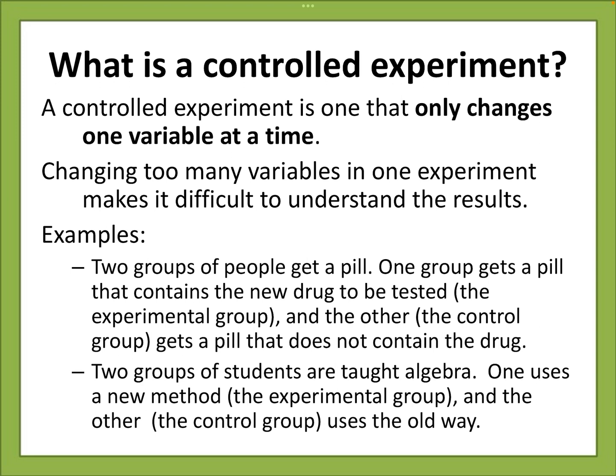So let's talk about a controlled experiment. We want to test our hypothesis with a controlled experiment. A controlled experiment is one that changes only one variable at a time.